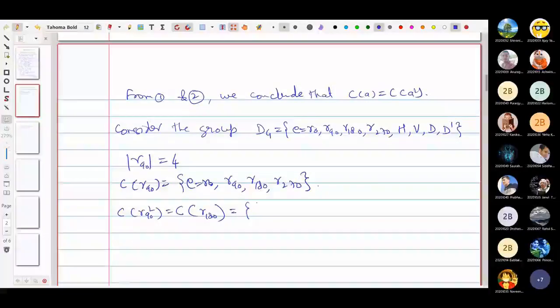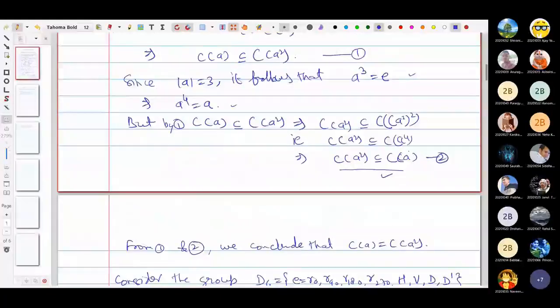If we find the elements which commute with R180, they are all elements of D4, so it equals D4, and this is not equal to the centralizer of R90. So this is an example where we find that if the order of A, some particular element, is 4, then the above conclusion may not hold.